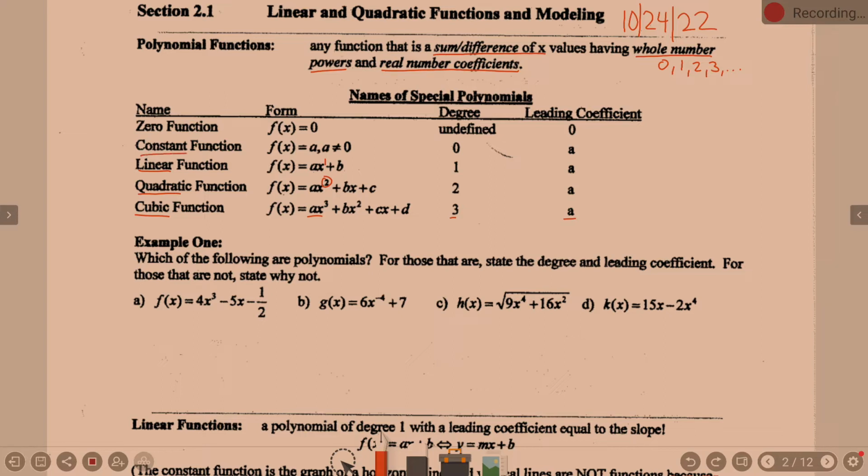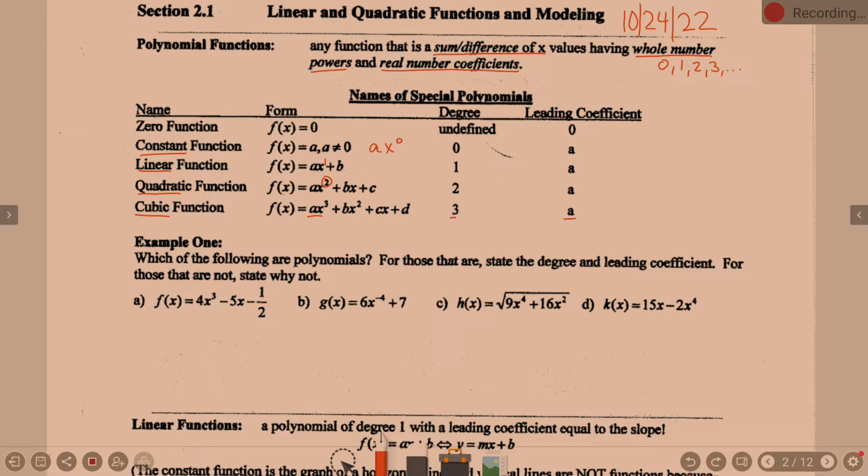Now, keep in mind, what invisible power is there? This is a. This could also be written as a times x to the 0. Okay, because what is anything raised to the power of 0? 1, right? Good old exponent rule there. Anything raised to the power of 0 is 1. So the x to the 0 can drop out, just be a 1. And so that's our constant function.